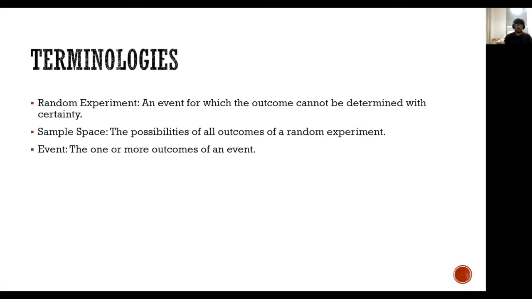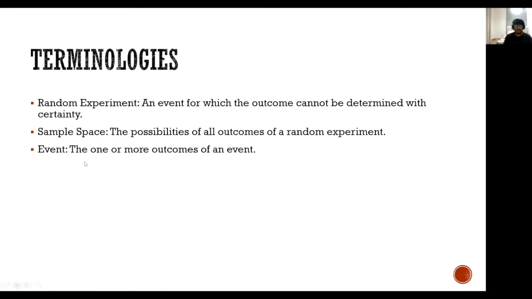Sample space is the possibilities of all outcomes of a random experiment. What that basically means is there's two possible outcomes in this case of flipping a coin. You can get either heads or tails.